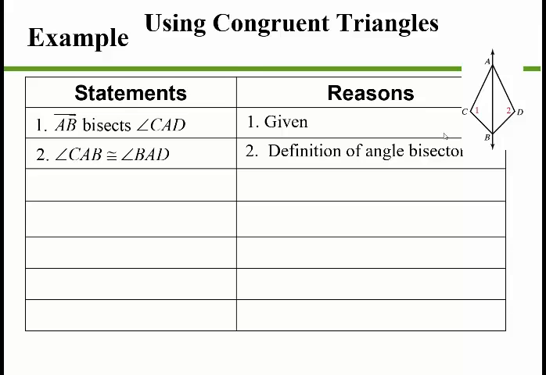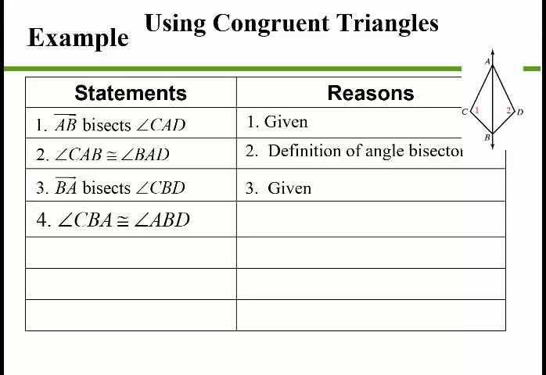It cuts that angle in perfect half, so the two sides must be congruent. Next, do the other given: BA bisects angle CBD. That was given. So then angle CBA, this angle right here, must be congruent to angle ABD, this angle. That is also the definition of an angle bisector.